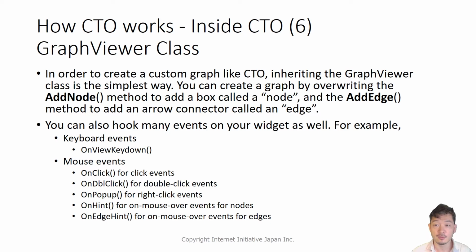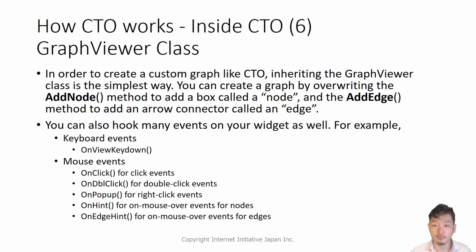The last one is graph viewer class. CTO inherits this class to create a call tree graph. We can create a graph by overwriting add node method to add a box called a node, and the add edge method to add an arrow connector called an edge.